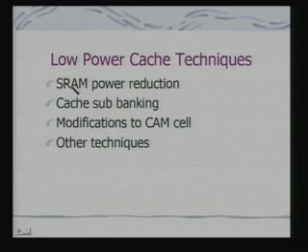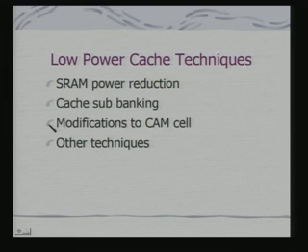So, how do you go for low power cache techniques? Because cache is implemented primarily using SRAM, whatever SRAM techniques I have talked about, in many cases will translate here as well. And you can use cache sub-banking, modifications to CAM cell.